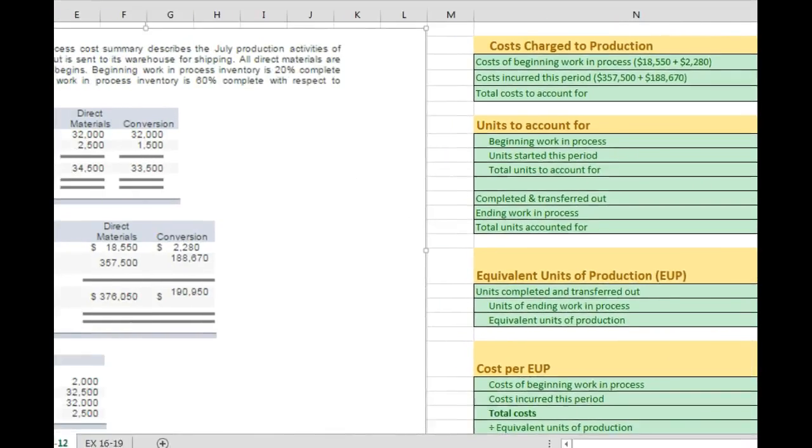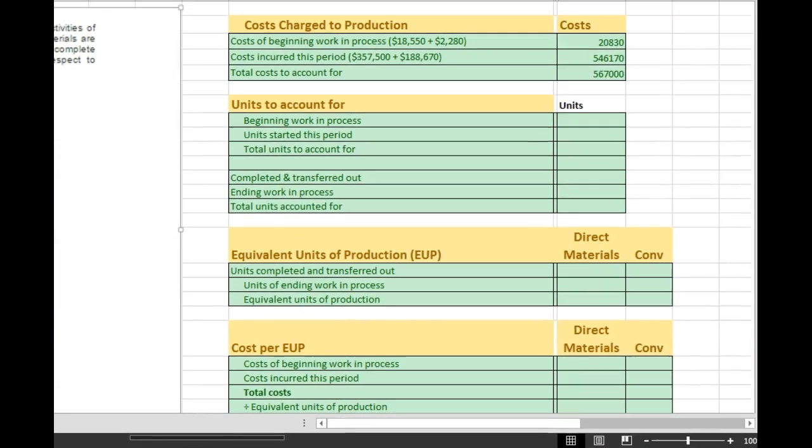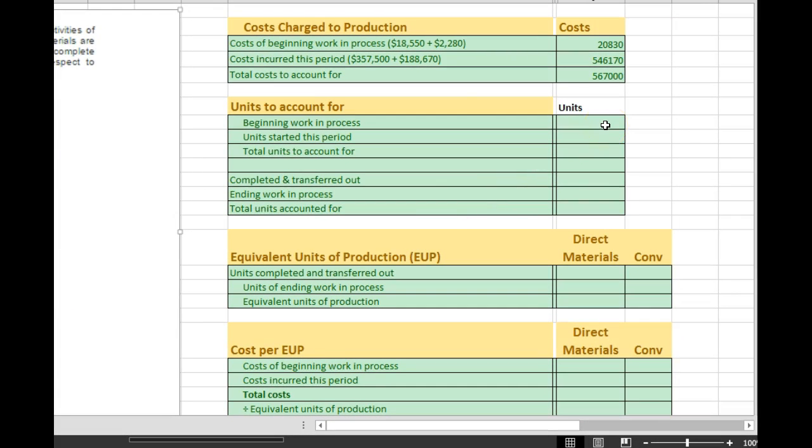It's not cooperating with me. So what did we begin with? It says beginning work in process were 2,000. It's down here. So here's where you're going to find all your numbers, right down on the bottom. So my beginning work in process is 2,000. My units started were 32,500. That means the total amount of units I need to account for in this sheet are 34,500.